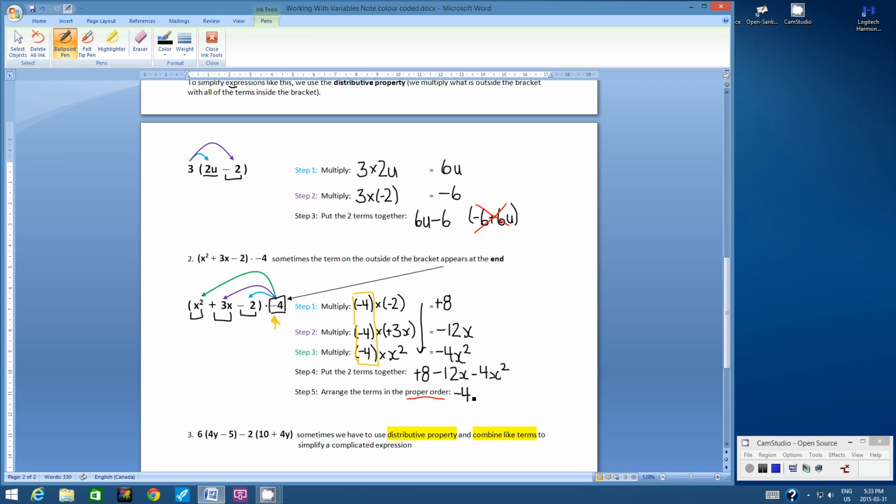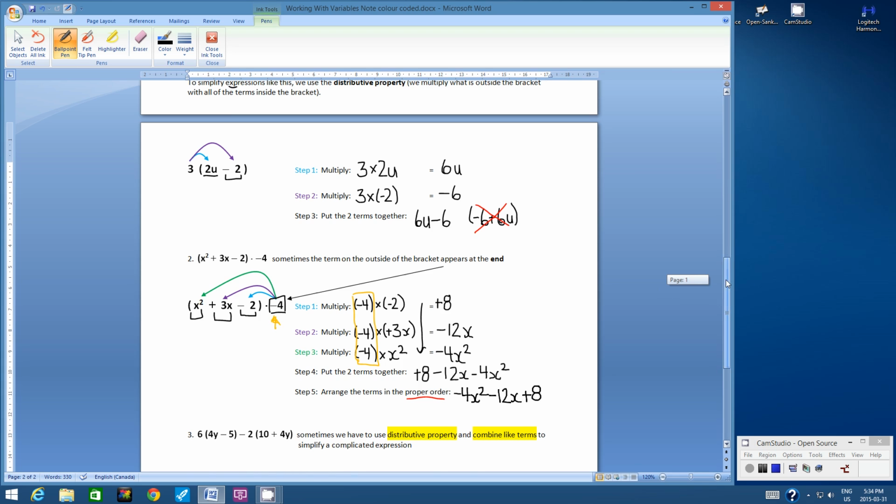So -4x squared. Then, if we have any variables, we write that next, so this is -12x. And then finally, if we have any numbers, these are called constants, we write them last. So this expression, x squared plus 3x minus 2 in brackets times -4x, can be simplified. It actually means -4x squared minus 12x plus 8.